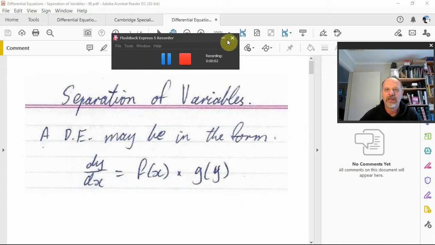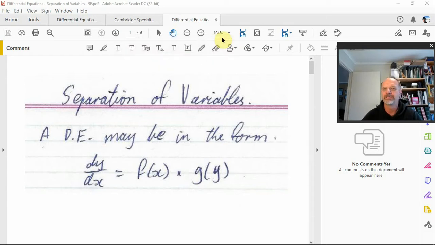Alright, here today, the next part of the differential equations, we're working on what's called separation of variables. So here's a general kind of form, if you like. Your differential equation, your dy dx, your differential bit, it could have an aspect in terms of x and an aspect in terms of y.